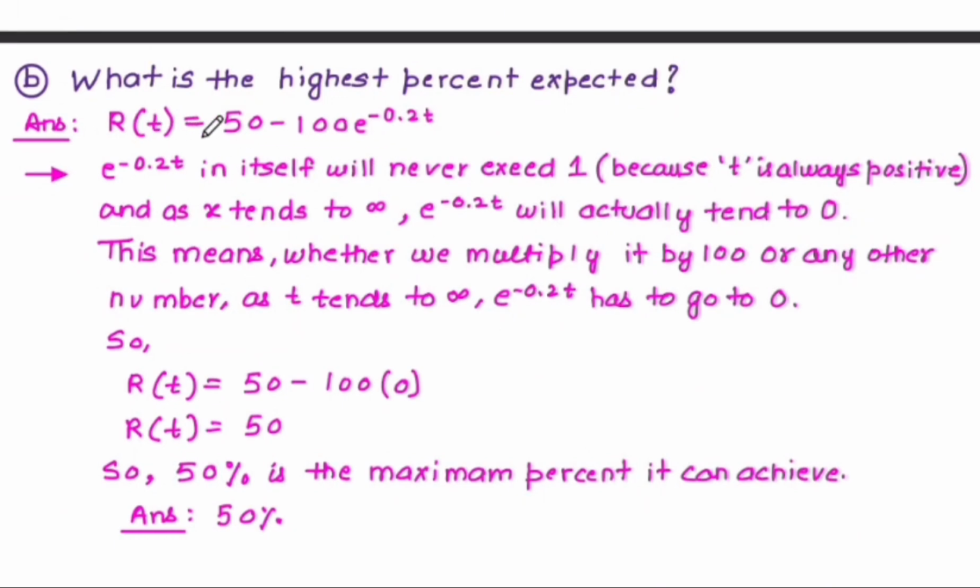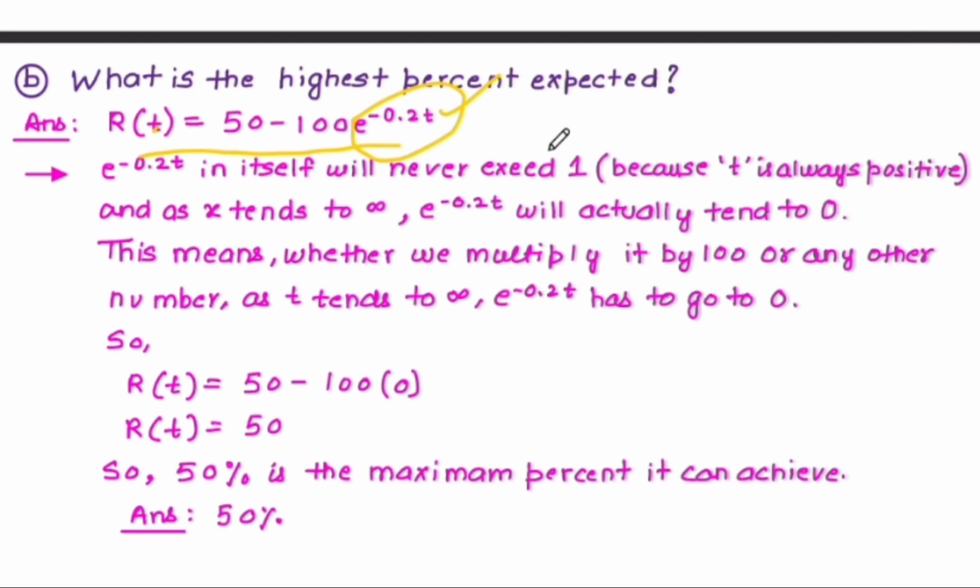So this is your given equation. This value e raised to power minus 0.2 t will never exceed 1 because t is time, it will always be positive, and positive into negative is negative. So this e raised to power minus 0.2 t will tend to 0 when t tends to infinity.